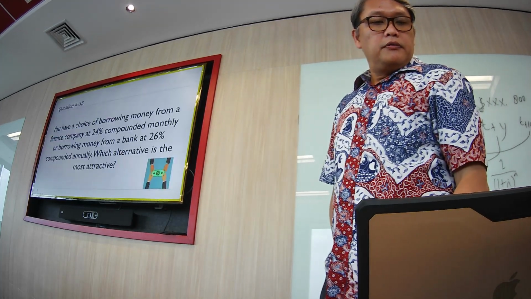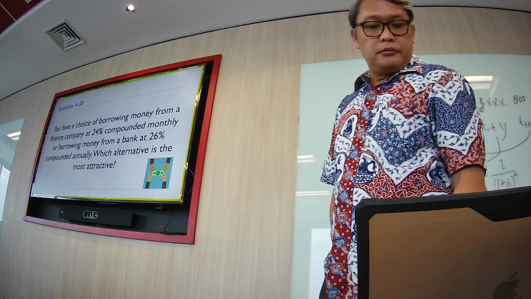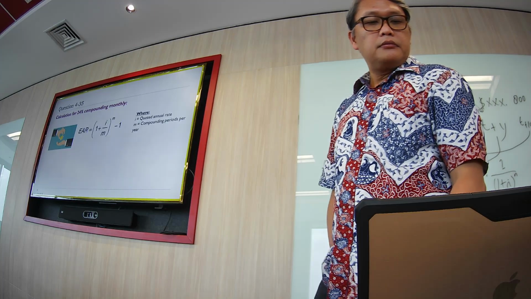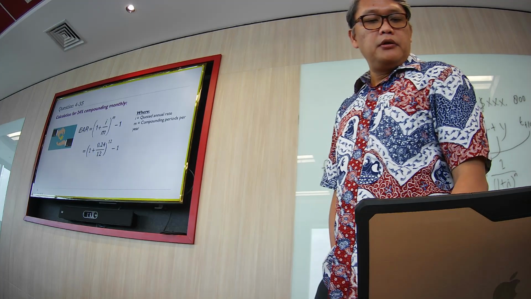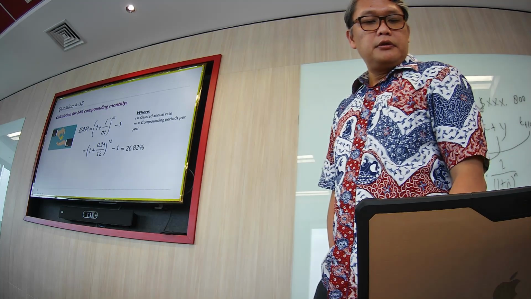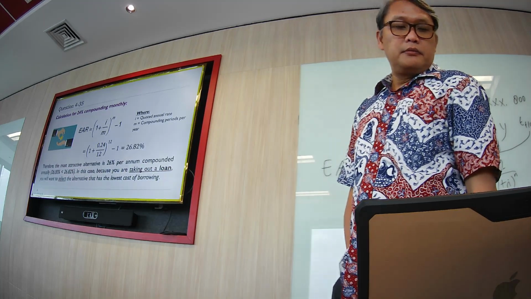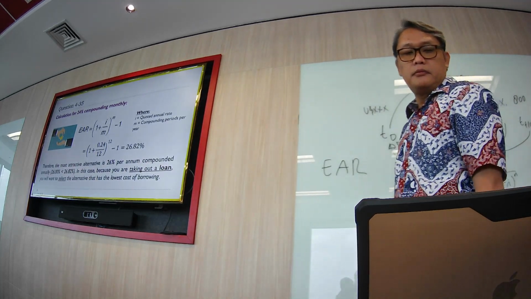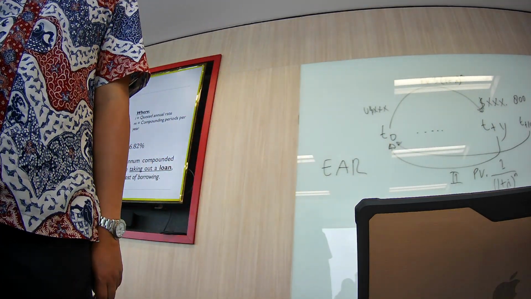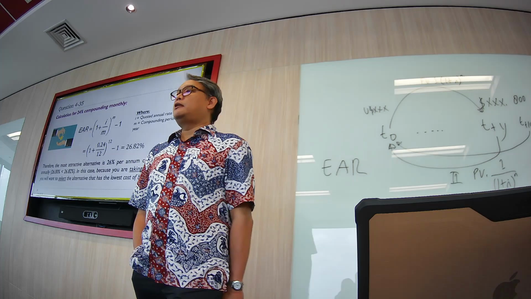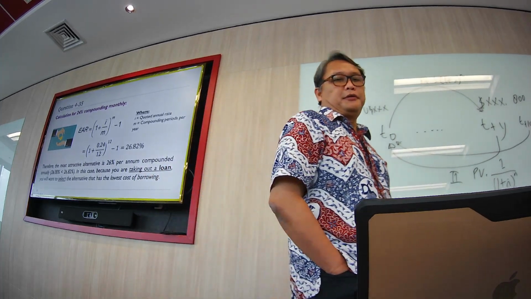So the first one, if you calculate 24% compounding monthly, so finance company or bank?